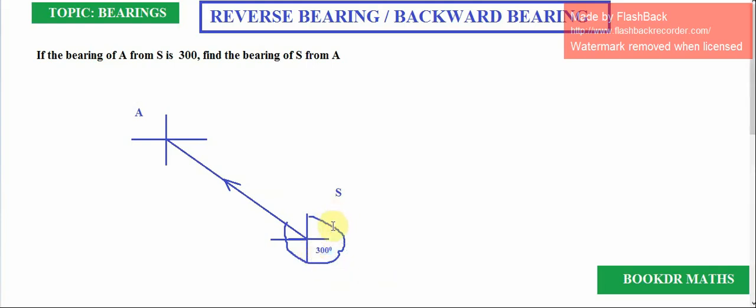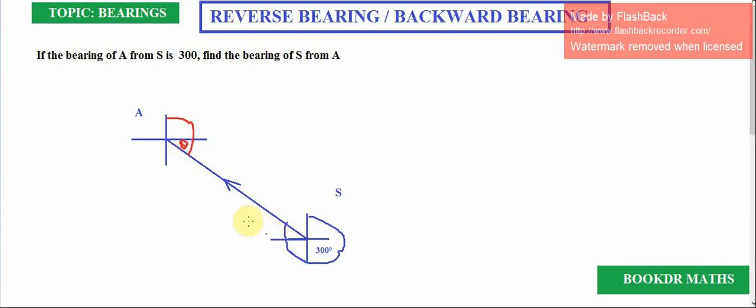But we are looking for the bearing of S from A, so we will look out for the angle here. We are looking for the angle from the North Pole of A up to the line. We know from A, North Pole of A up to this point is 90. So we only need to calculate the value here.